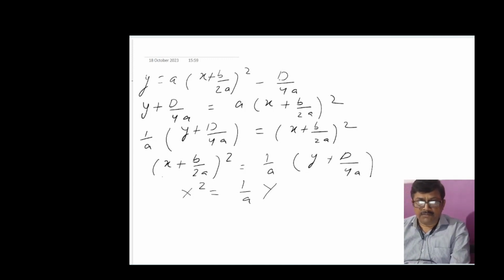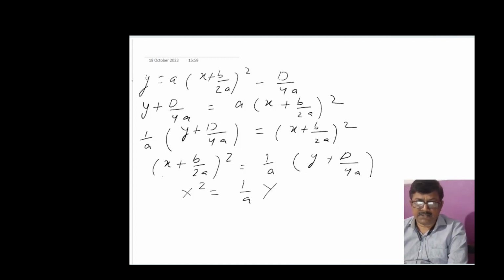Now we have learned that the graph of a quadratic expression is a parabola. So we know this is the equation of a parabola, and this equation is formed from a quadratic expression, correct?